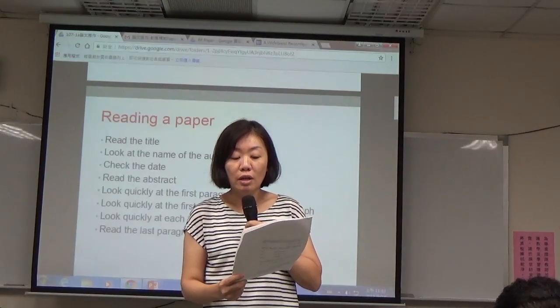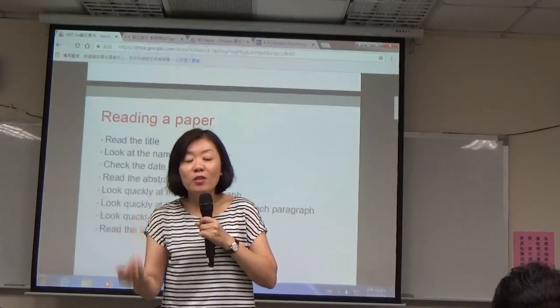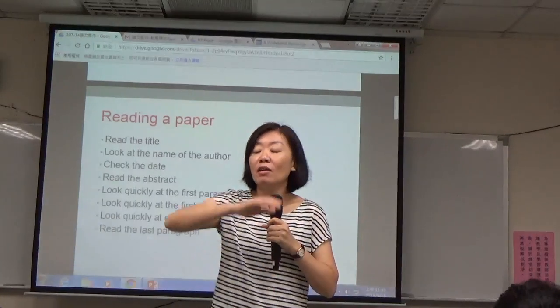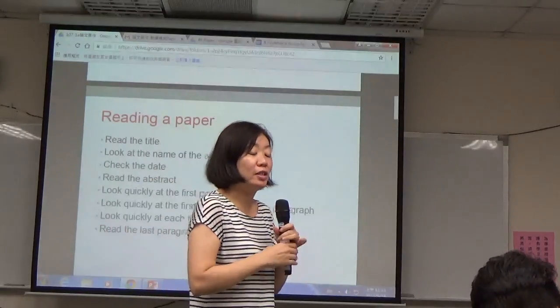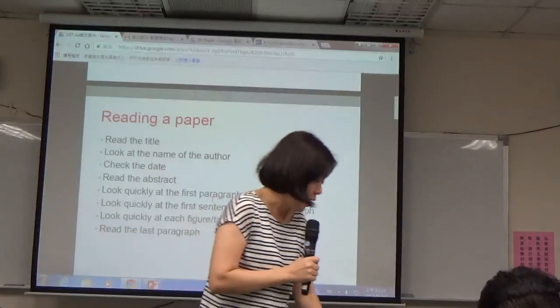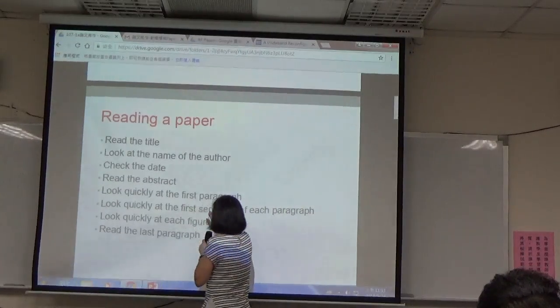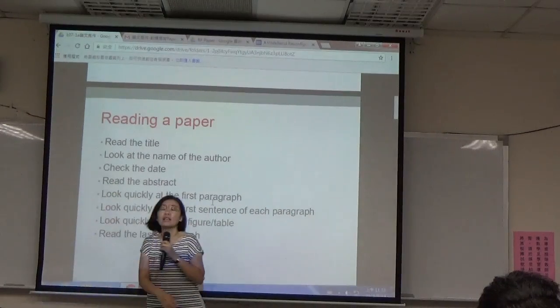You'll find after they say now, they will say what's going on in the past. Traditional means what's happened in the past, right? So if you have time, you will do this. You read the first sentence of each paragraph. But if you don't have time, you can skip this step.